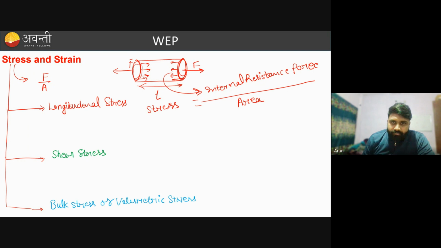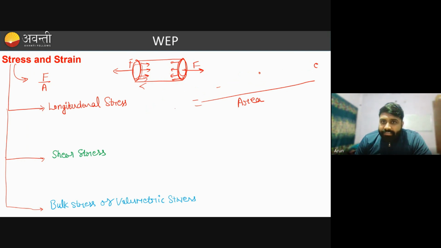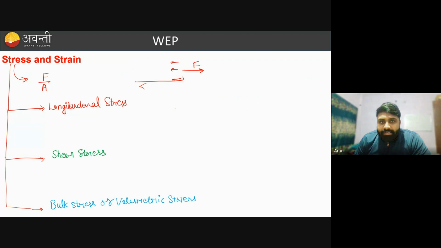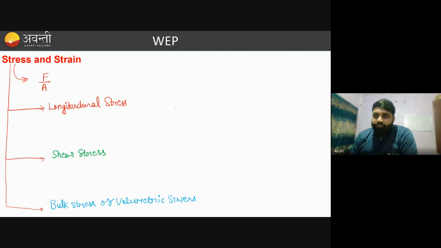Okay, so we know that stress is resisted. We have applied a force on both of the ends, so molecules did not want to extend, so they resist that extension or that compression, and they will apply a resistance force from the inside, and that internally applied resistance force per unit area, you can say, is called stress.